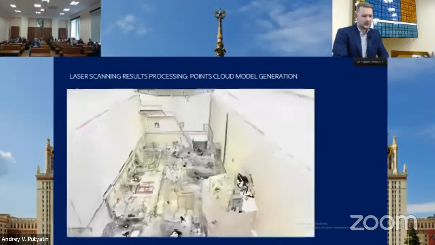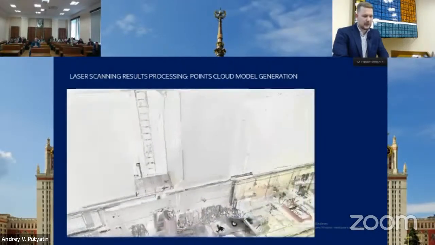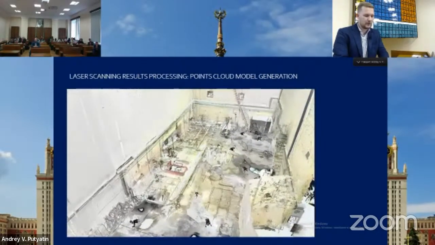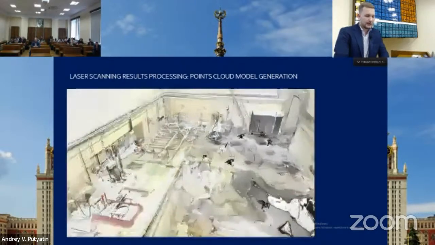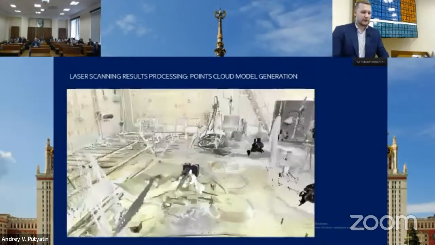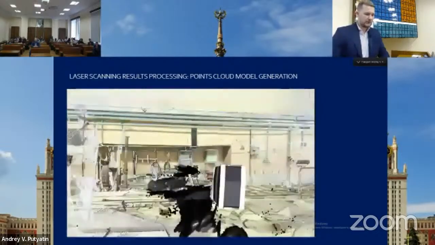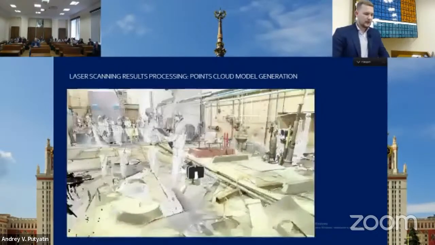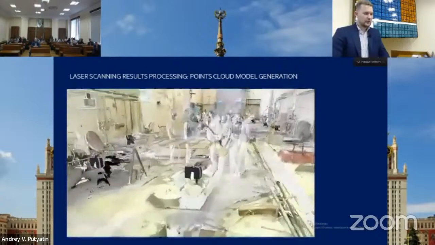As you can see, the accuracy and resolution of scanning is high enough to distinguish separate wires, dismantled elements, and debris. As it was a test mode, you can also see the shapes of the robotic platform and engineers and people around.